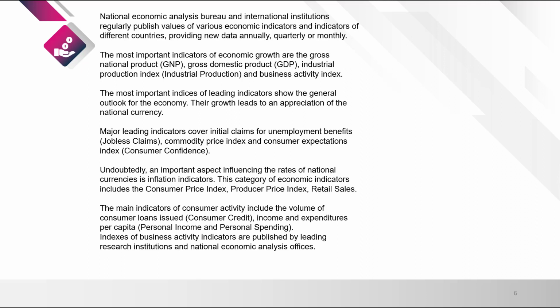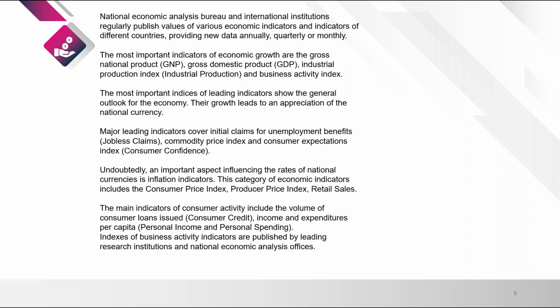Undoubtedly, an important aspect influencing the rates of national currencies is inflation indicators. This category includes the CPI, Consumer Price Index, the PPI, Producer Price Index, and retail sales.